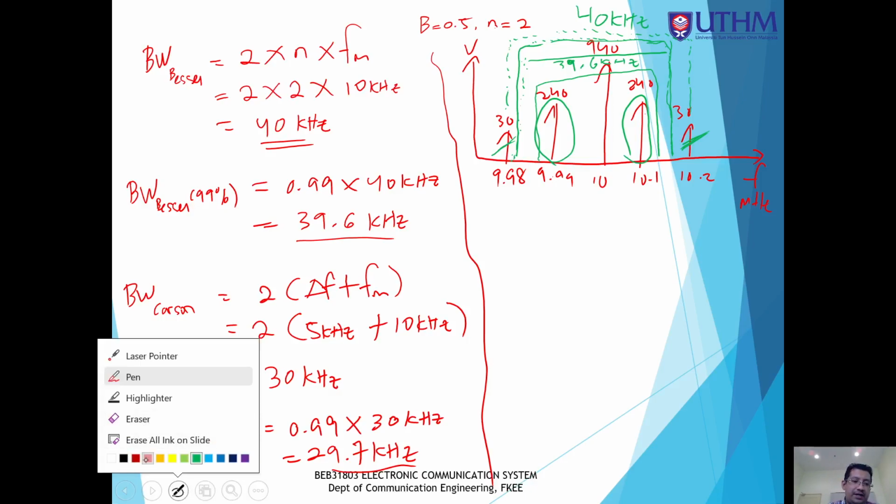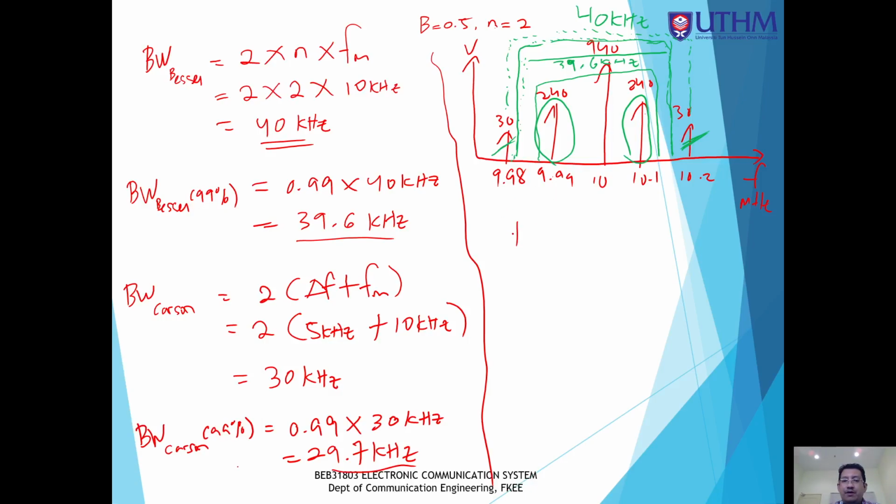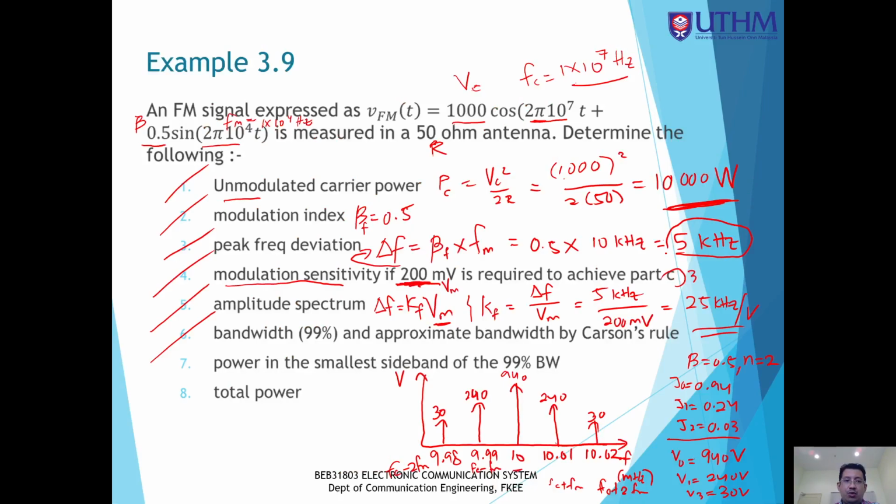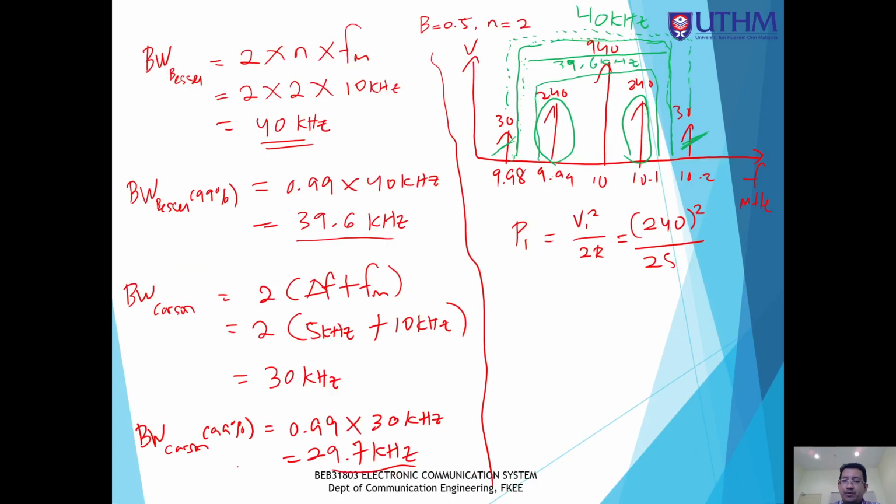That means you need to find the power P1, which is equal to V1 squared divided by 2R. This is equal to 240 squared divided by 2 times R, where R is 50 ohm. So 240 squared divided by 100, you get 576.